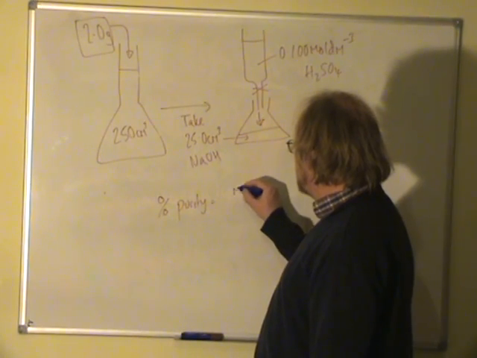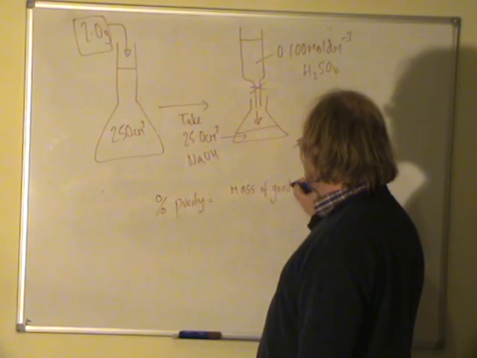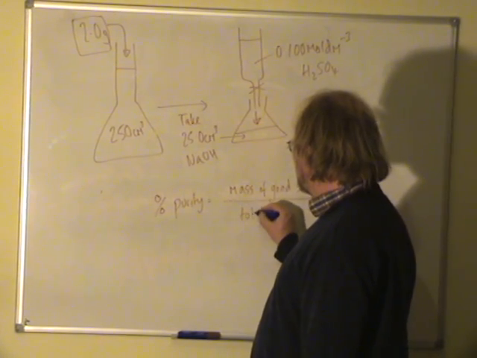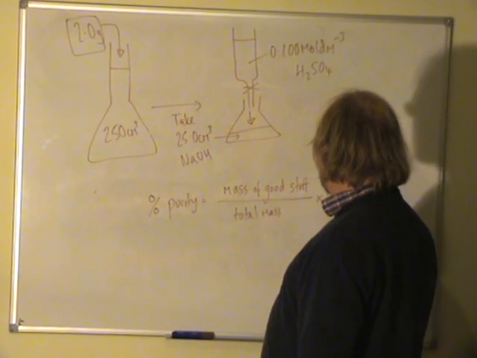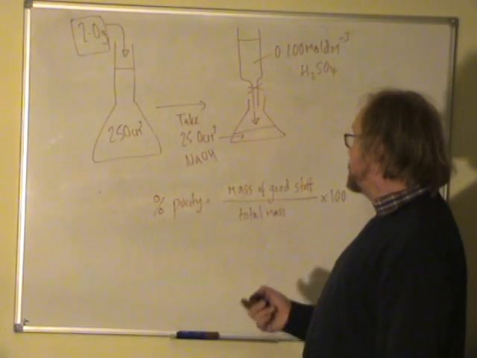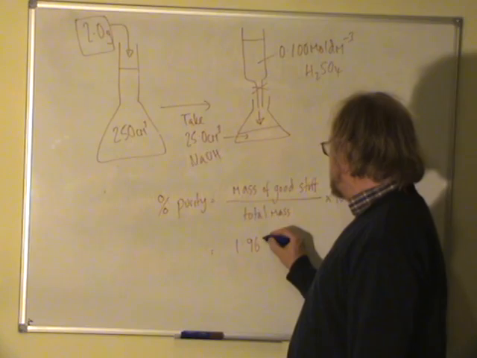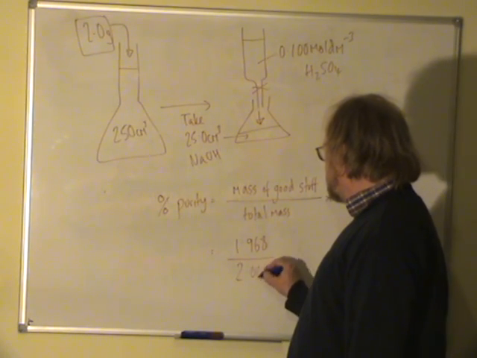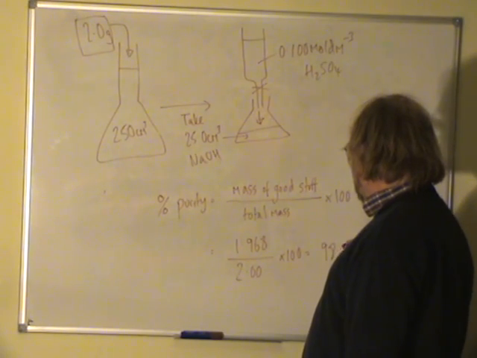The percentage purity is, if you like, the mass of the good stuff divided by the total mass times 100. That's what we mean by percentage purity by mass, which is 1.968, which we just worked out was the mass of sodium hydroxide, divided by 2.00 times 100, which is 98.4%.